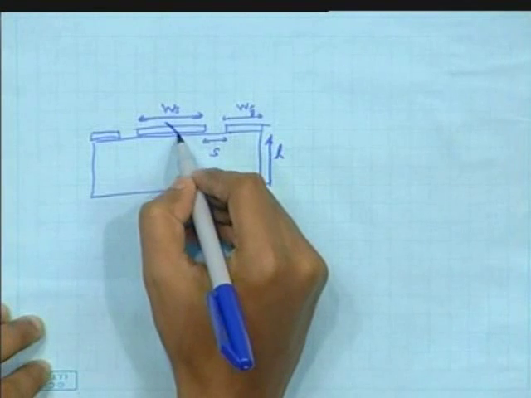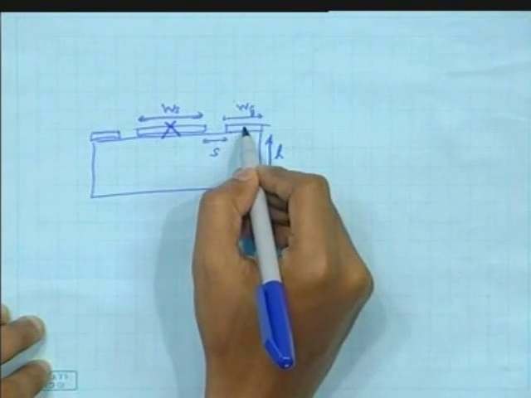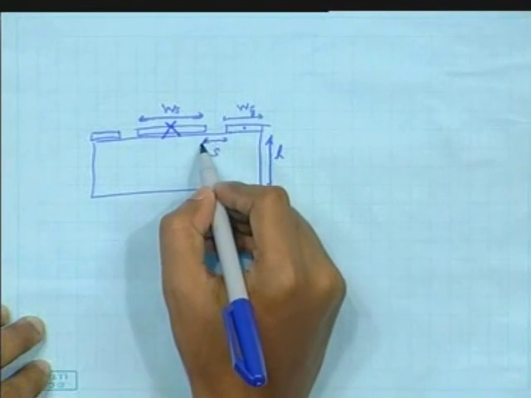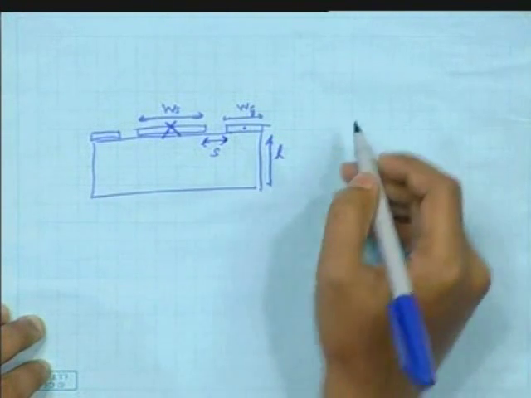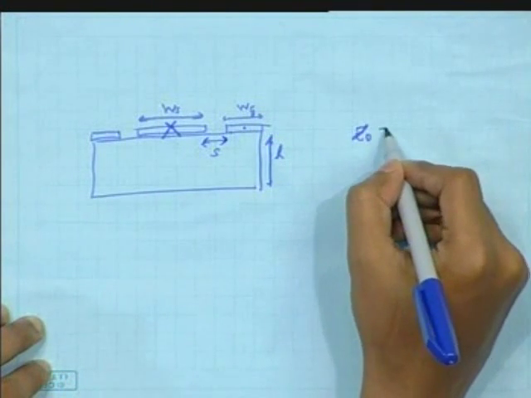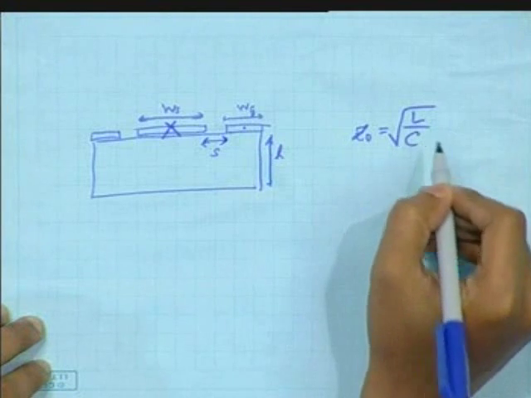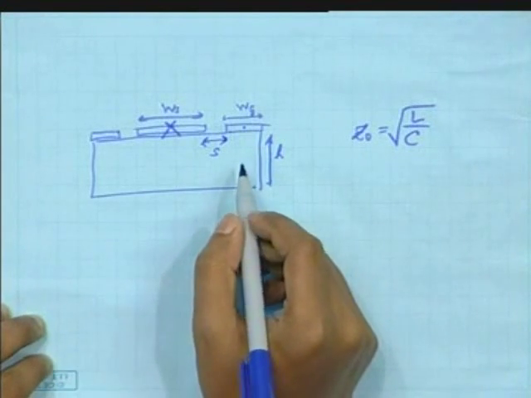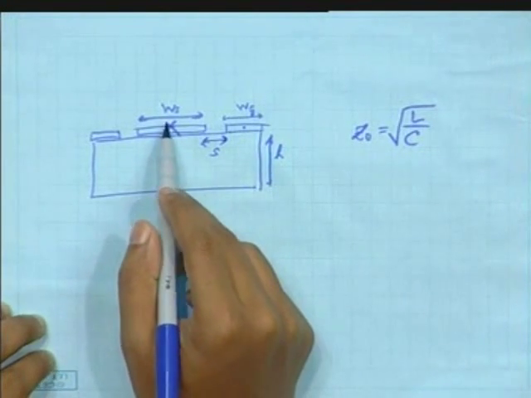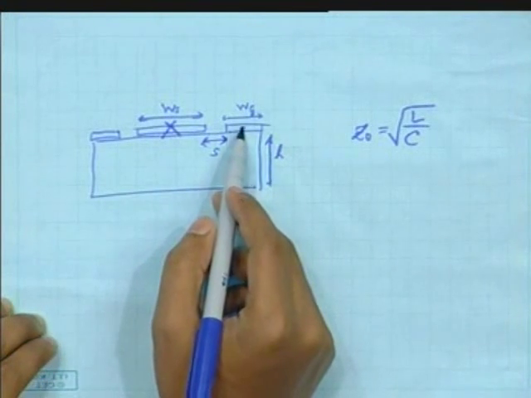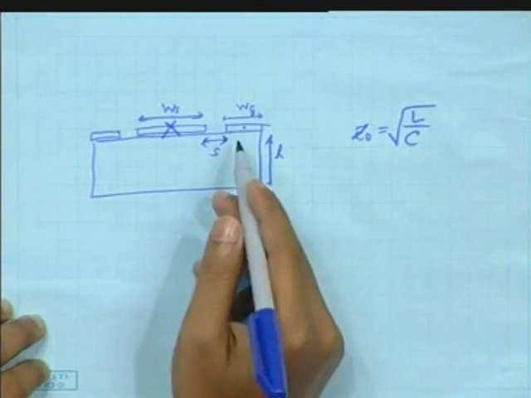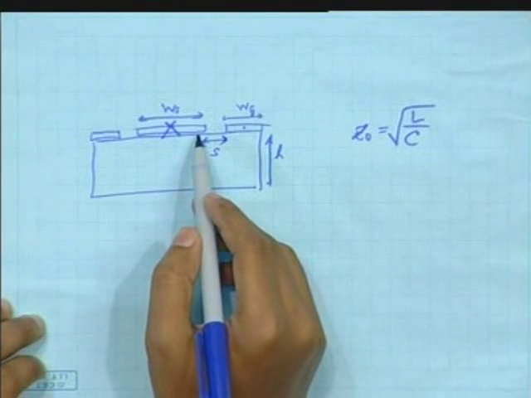Now suppose this is the signal path and this is the return path. Now suppose I increase S. Now what will happen to the characteristic impedance? See that you are separating two signal conductors which conduct current in the opposite directions. So the effective magnetic field in between will increase.